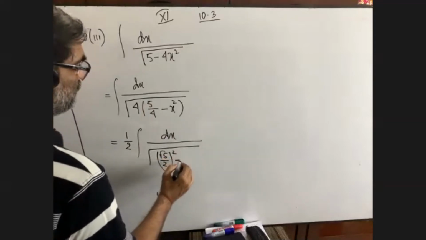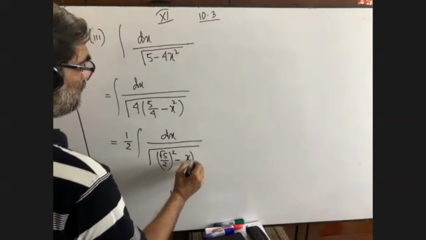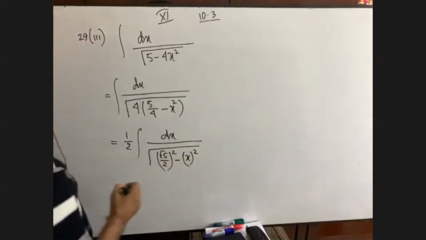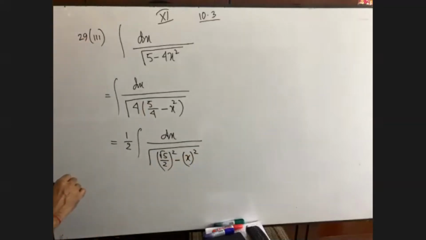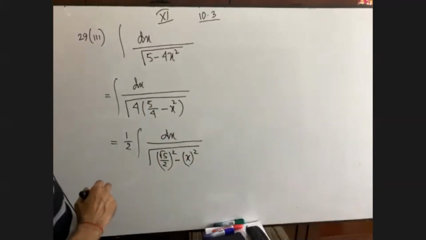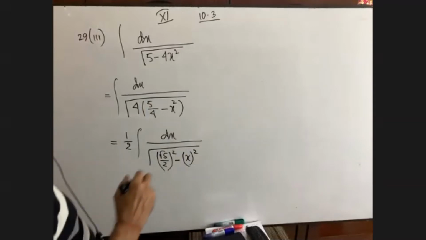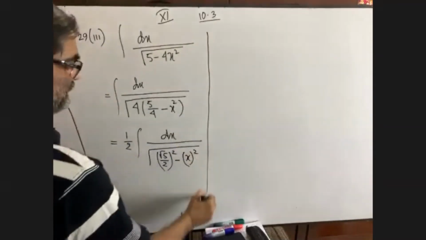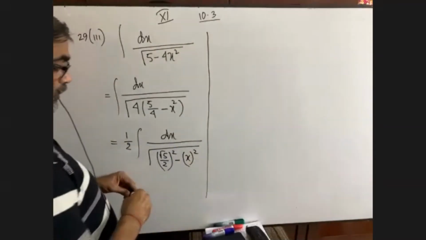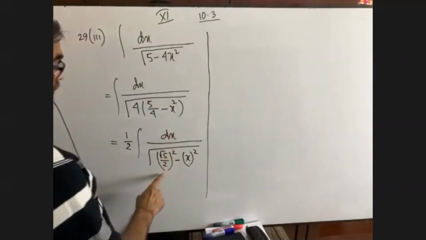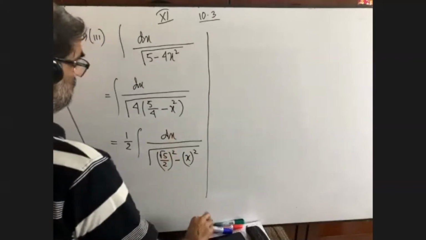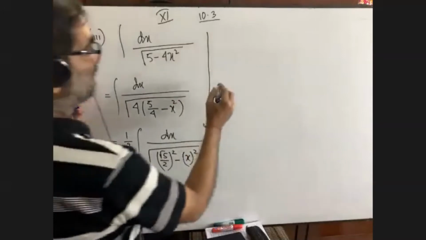minus x square. Now let me know the formula. What is the formula of dx by root over a square minus x square? Okay, not a matter. You write down.